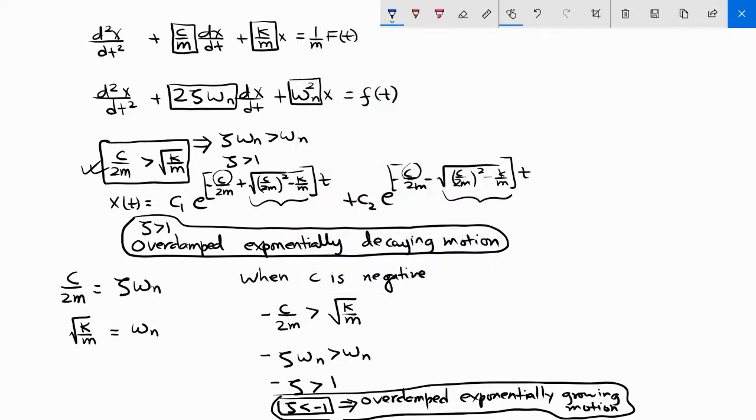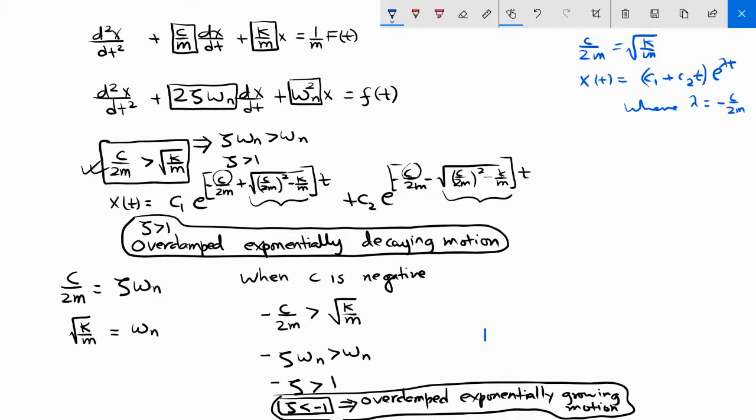The other solution was for the case c over 2m equals square root of k divided by m. Now in this case, x as a function of time is equal to (c1 plus c2 t) e to the power lambda t, where lambda is equal to minus c over 2m.